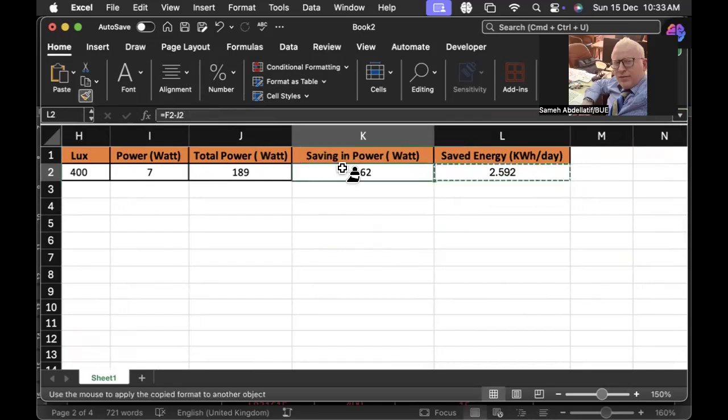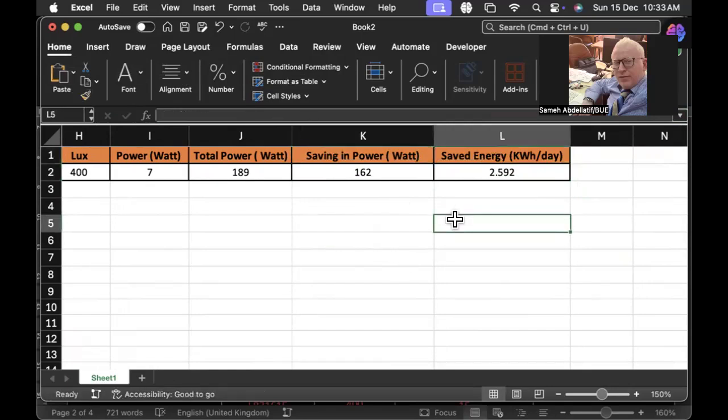Okay, so to come to the cost of this number, you have to use the tariff, the electricity tariff. And this, I think, is already given in your case.